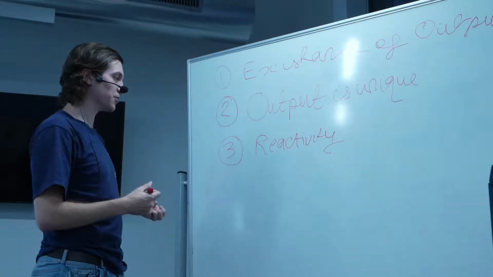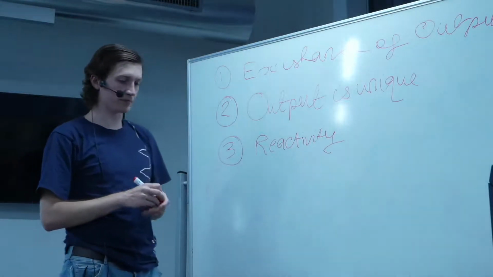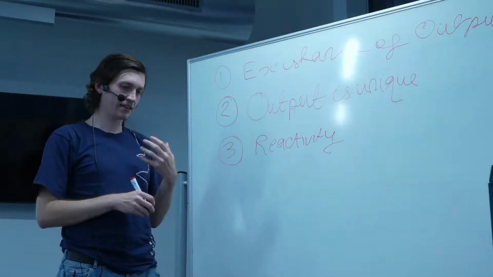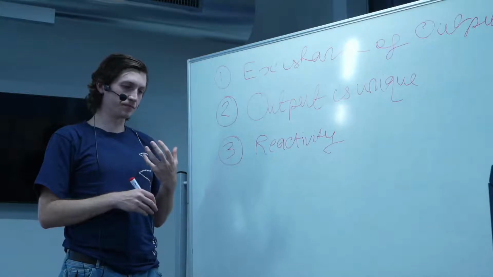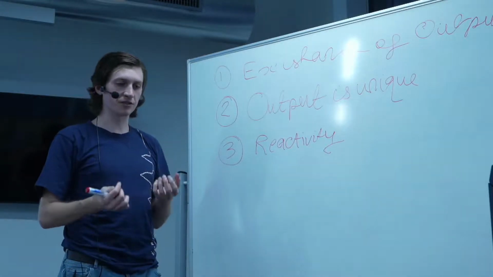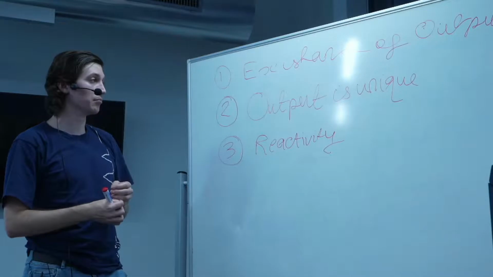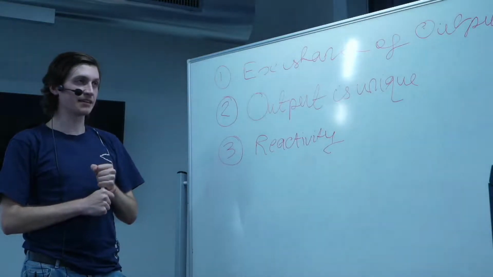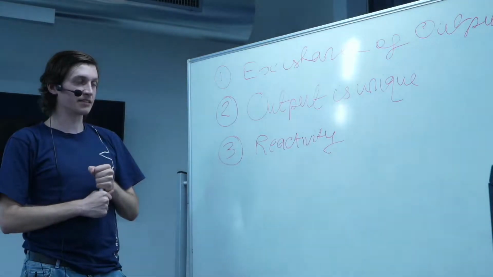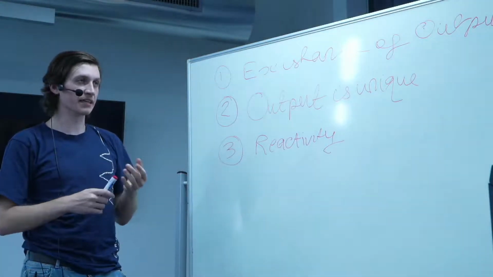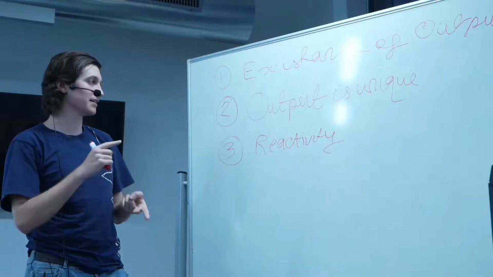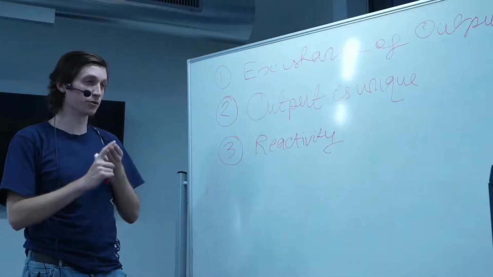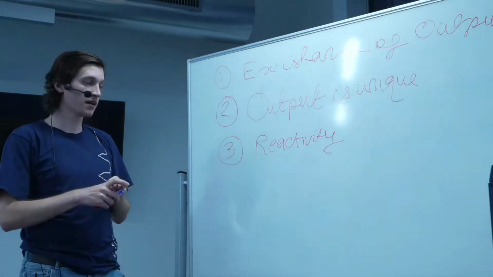You can also see this for yourself: if you already have two reactive functions and you put them together in sequence, then there'll always only be one output. The output will be unique, and if your initial morphisms were reactive, they will stay reactive.